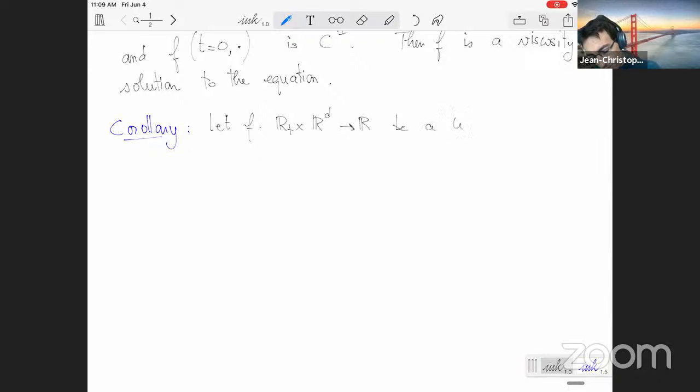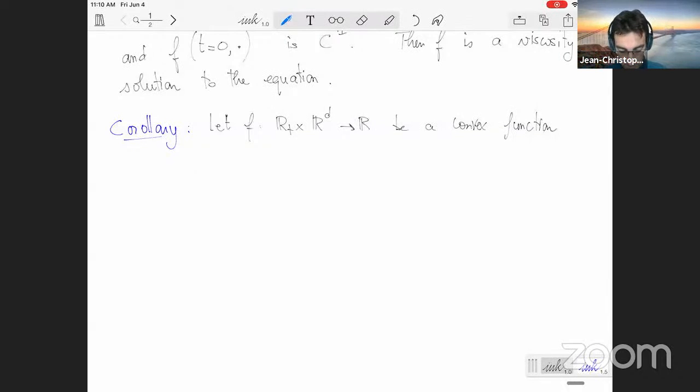I'm going to only require that the equation is satisfied at contact points from above of the function. Okay, so let me write this. Everywhere where I can touch the function by a smooth function from above, I want the equation to be valid.